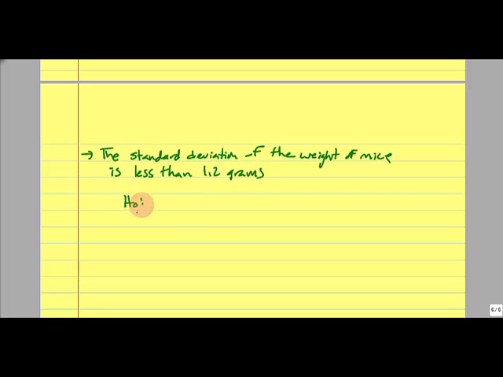So I'll set up my null and alternative hypothesis. I'm testing standard deviation, so that's going to go here. The equal to case is always the null. The alternative is what I'm trying to establish, less than 1.2 grams. Okay, so this is an example of where I use the left tail, a single tail test.